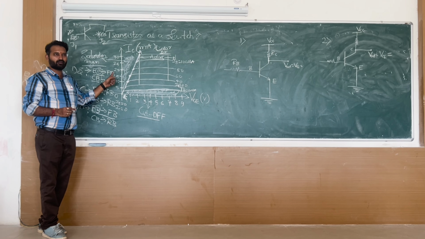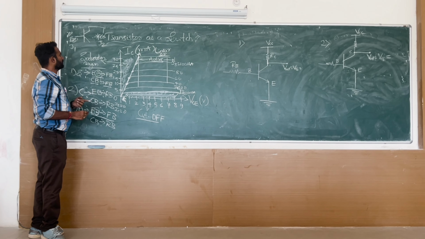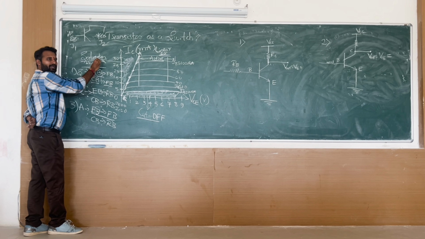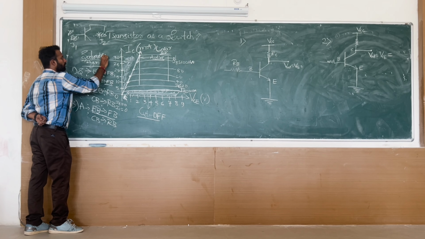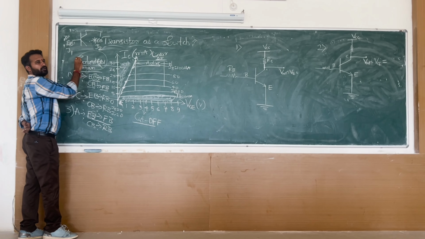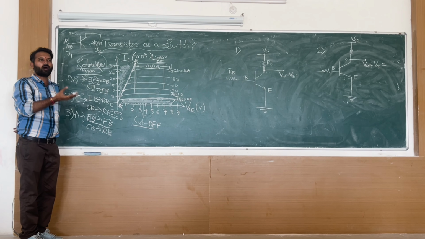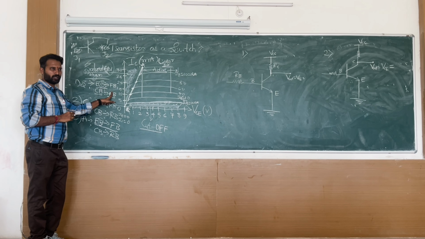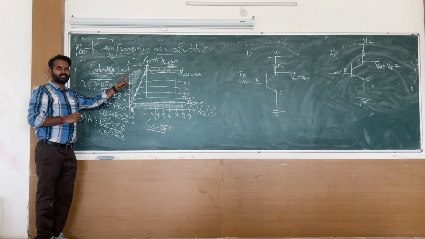Now let me ask you, what is the spelling of saturation? SATURATION. In this region, the transistor will be in on condition because both the junctions are under forward bias. Current is increasing rapidly.